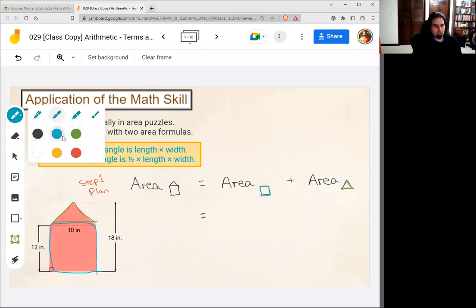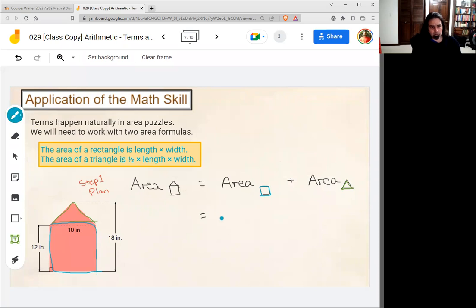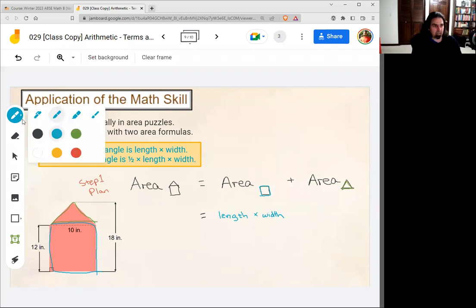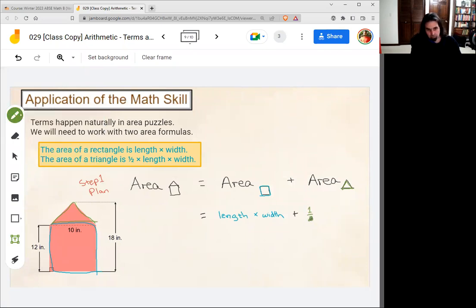So what's the area of the square? It's a kind of rectangle. It's length times width. If you just want to do L times W, because you're that kind of person, you can. And then how big is the triangle on top? That one is 1/2 times length times width.